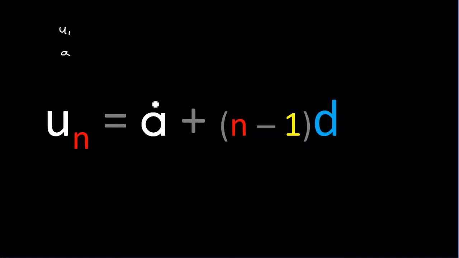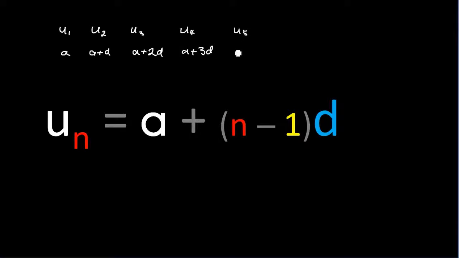Our second term, u2, will obviously be a plus the common difference, so a plus d. u3 will be a plus d plus another d, in other words, a plus 2d. u4 will be a plus d plus d plus d, in other words, 3d. And let's do one more.